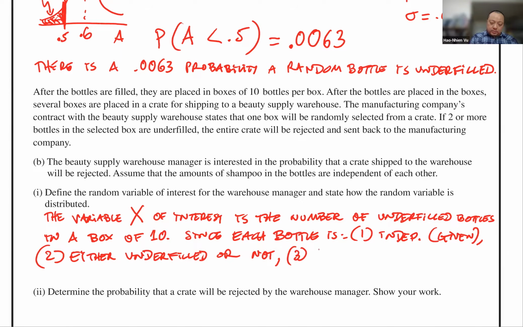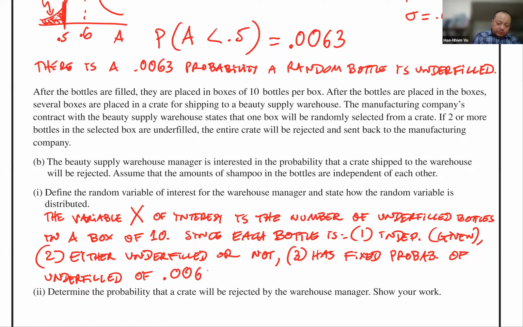Number 3, well, independence means each has a fixed probability of being underfilled of 0.0063. And number 4 is it out of a fixed total of 10. Therefore, we know that X is binomial.